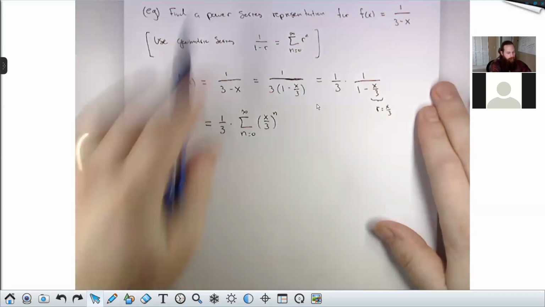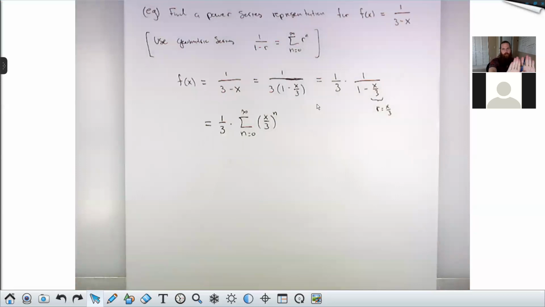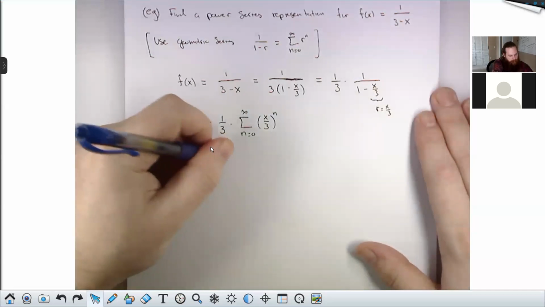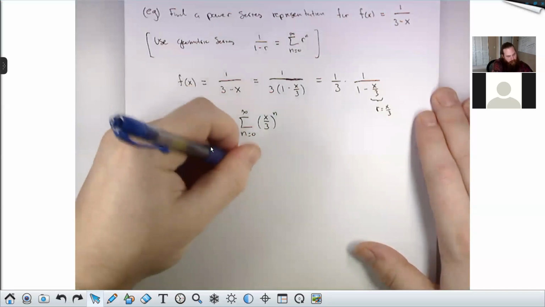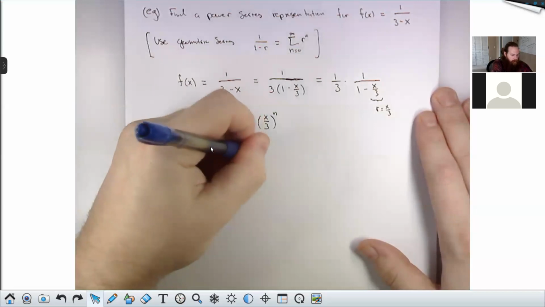Now, if I want to write this in the normal power series way, I need c_n times (x minus a) to the n. So in other words, I need to clean this up a little bit. (x over 3) to the n is the same as x to the n over 3 to the n.